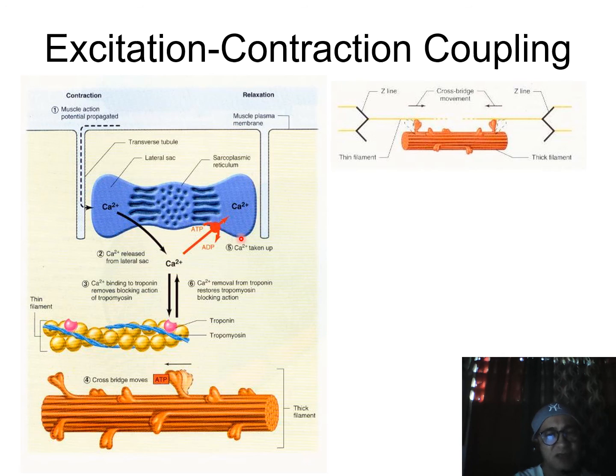These depolarizations of the sarcoplasmic reticulum membranes cause voltage-gated ion channels for calcium to open up. Because calcium is concentrated at the sarcoplasmic reticulum, this opening of calcium ion channels allows calcium to diffuse out of the sarcoplasmic reticulum.